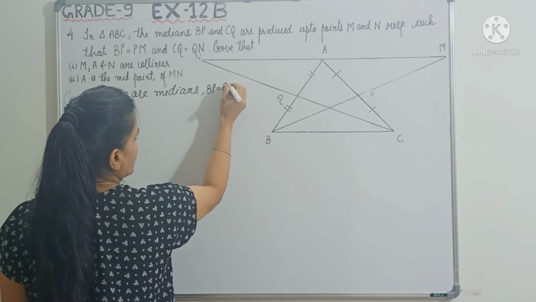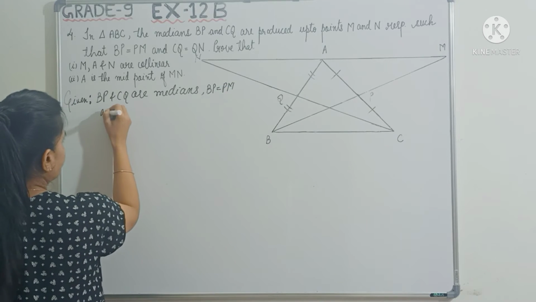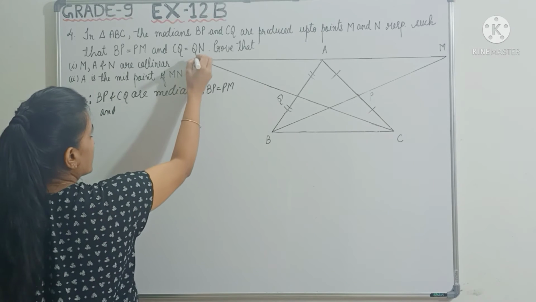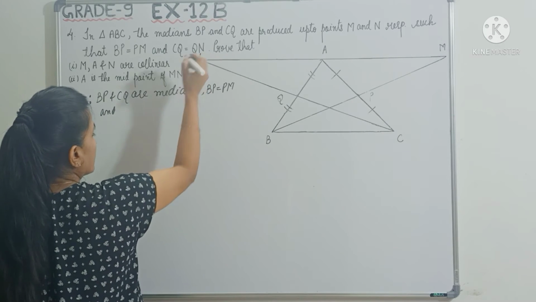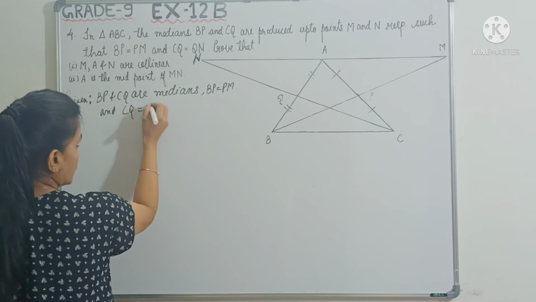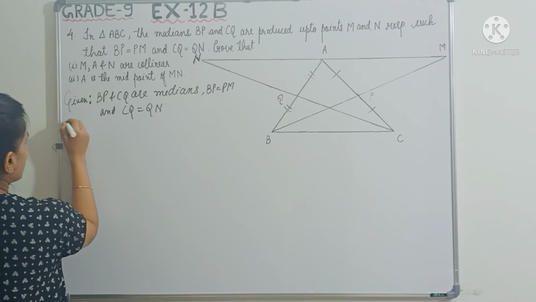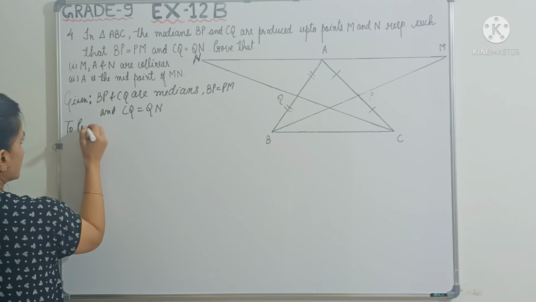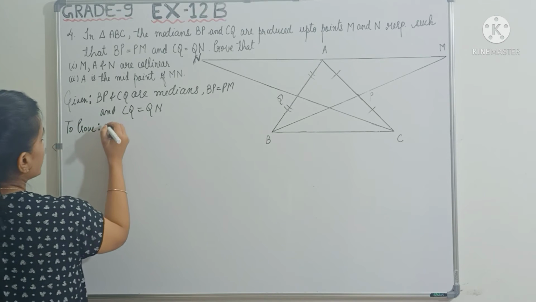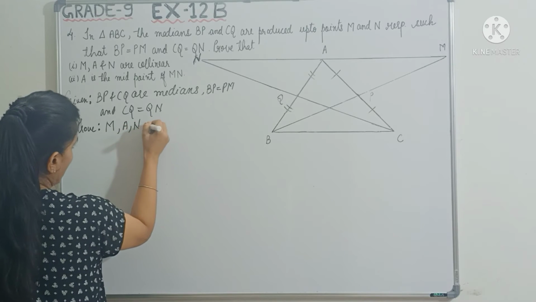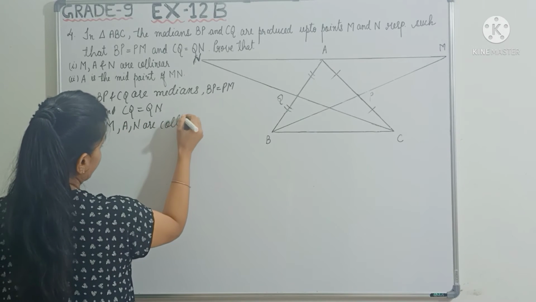BP is equal to PM, and CQ is equal to QN. This is N. Only this much is given, and you have to prove that M, A, N are collinear.